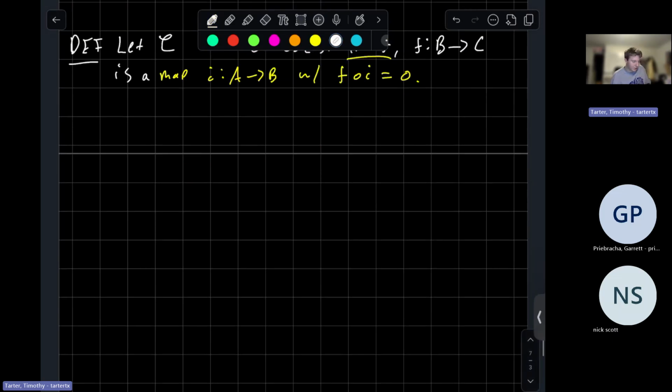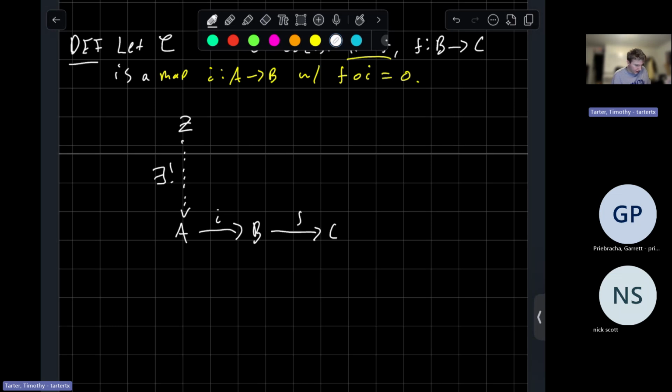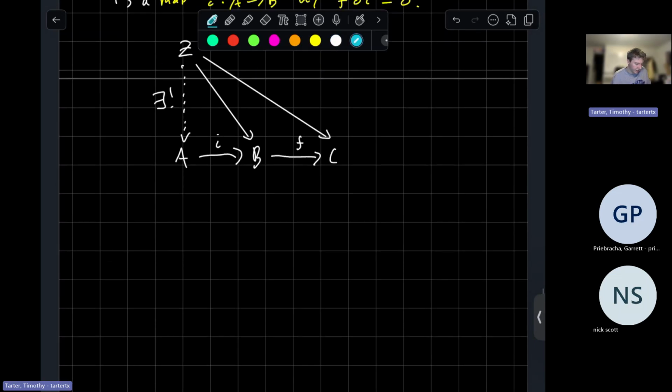So this is sort of saying the same thing that we've always known about kernels, but it takes a little bit of work to get there. So this naturally comes through a commutative diagram. If we have I, we have F, we have some morphism into B, we have a unique factorization here, and then we have the zero morphism.